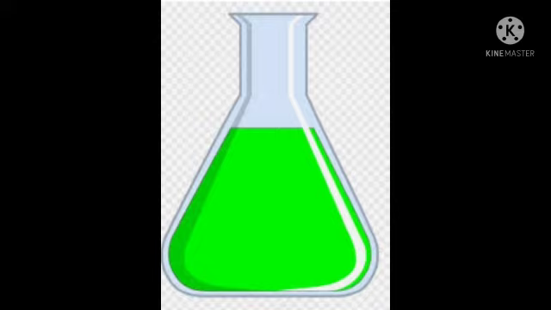Chemical change is permanent, and such changes are occurring all around us, even within our body. So we can see some examples of chemical changes.